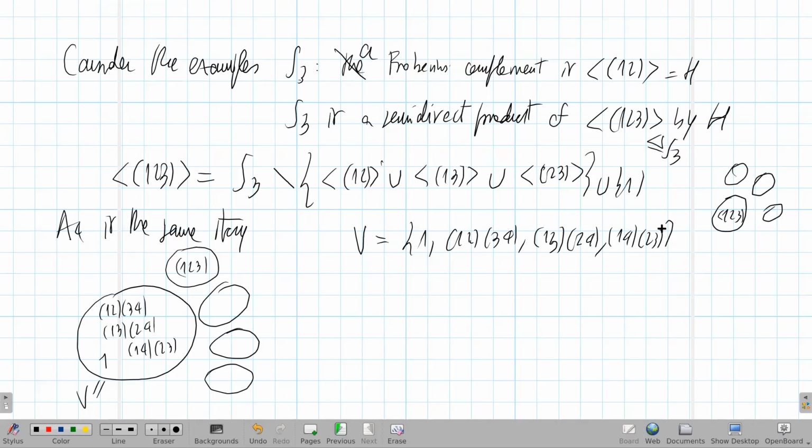This subgroup is a normal subgroup of A4, okay? And it is obtained from A4 if you take out the stabilizers and add back 1, because you have taken away the 1 several times. So, the union of the stabilizers.